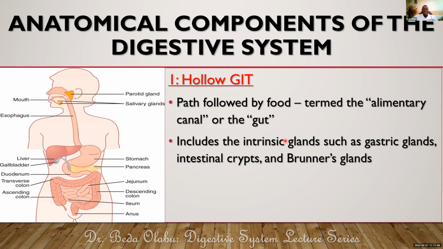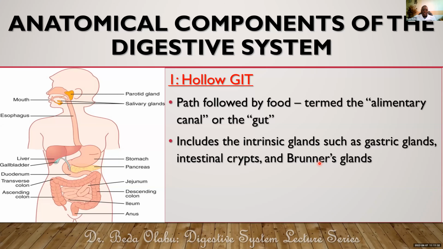So intrinsic glands are glands which are incorporated within the wall of the digestive system. The ones in the stomach are called gastric glands. The ones in the intestine are called the crypts of Lieberkühn, in the mucosa rather. And the ones in the submucosa of the duodenum are the Brunner's glands.